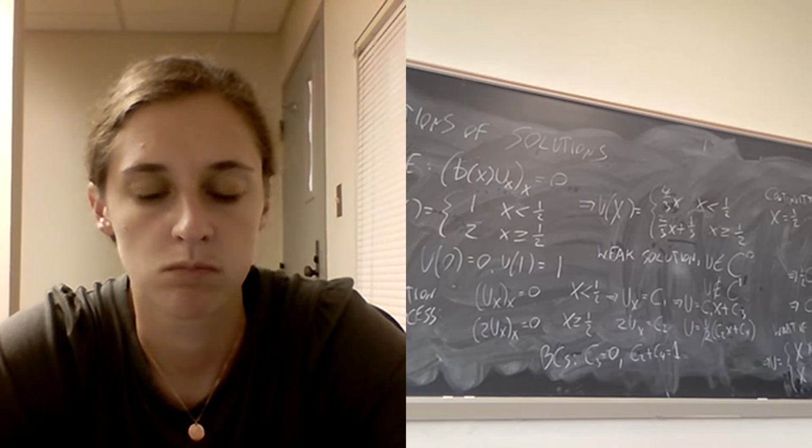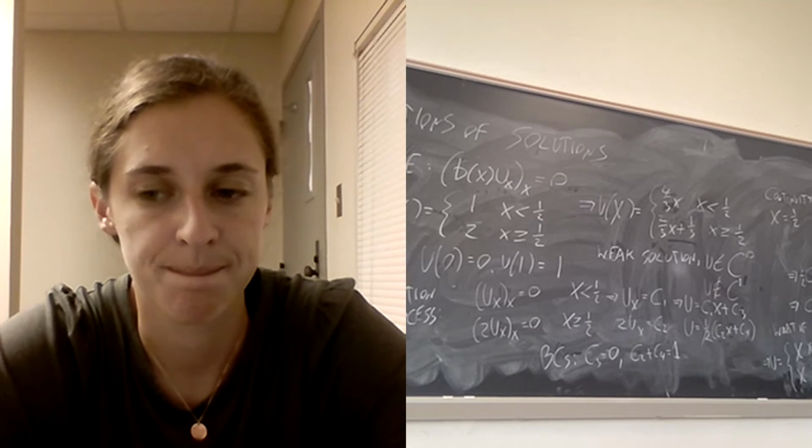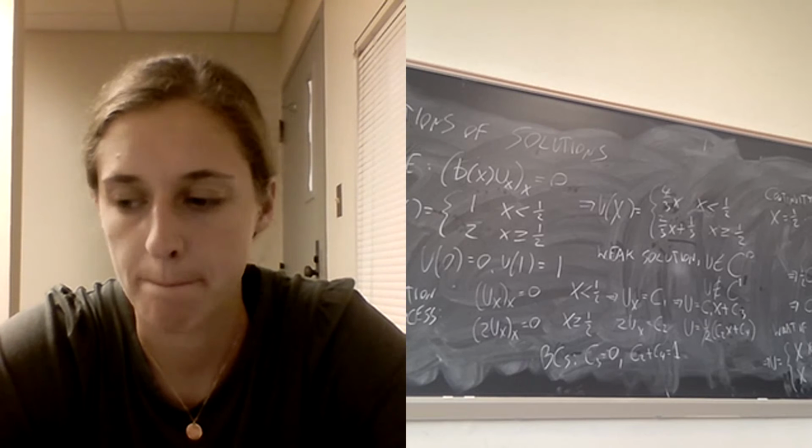I should mention that I got this example from the MIT course, and what they might have been showing was that, okay, the solution shown in the notes is a weak solution because it's C0, not C1.